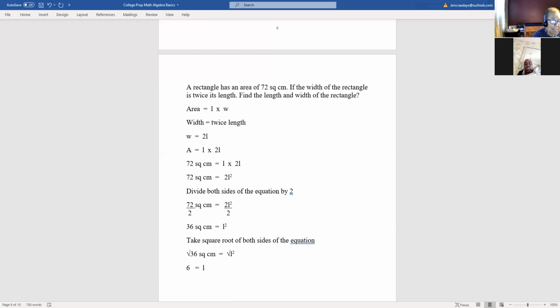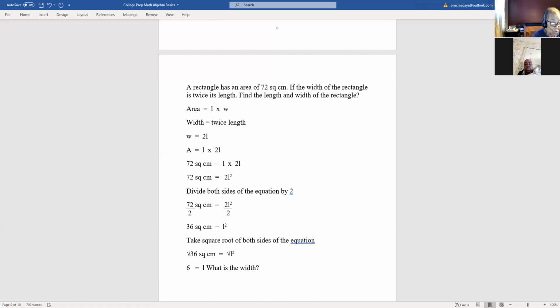Now, if the length is L, what is the width? The width is going to be the number multiplied by 6 to give you 72, right?